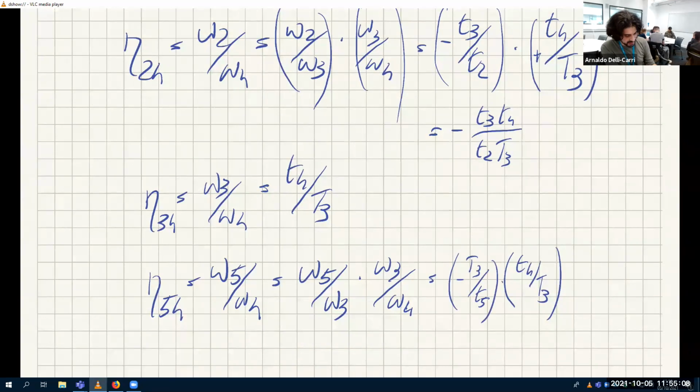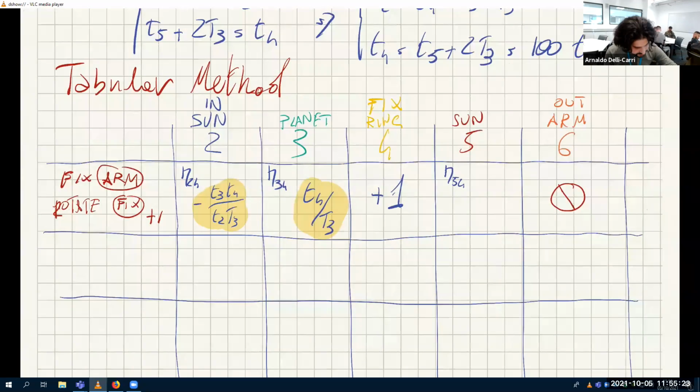And lo and behold, we can get rid of T3 now. So this is just negative t4 over t5. And I take it and I show it here. That's it. And that's it because the second operation is grab the entire gearbox and rotate it 1 revolution back.